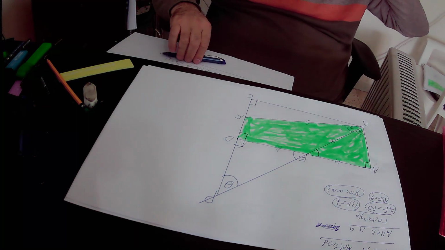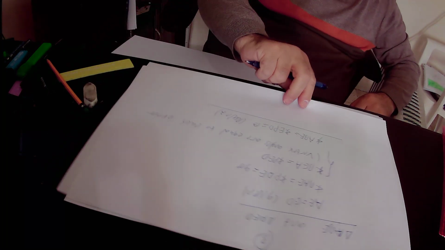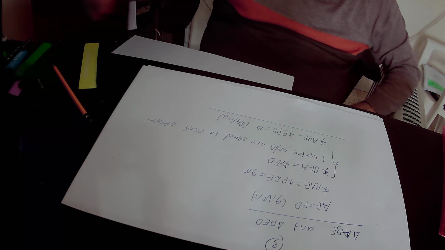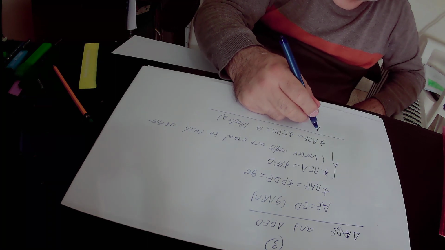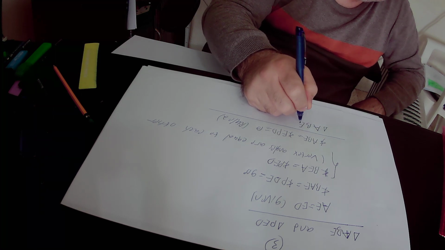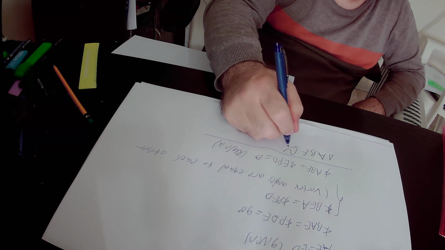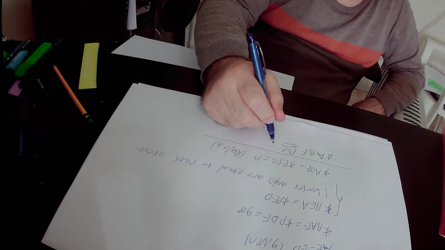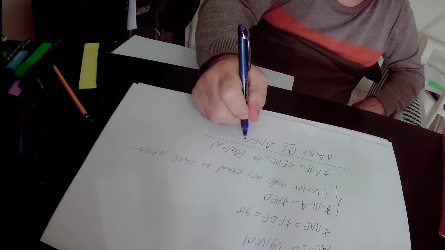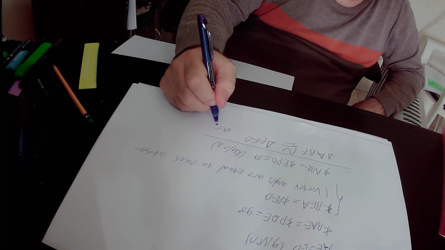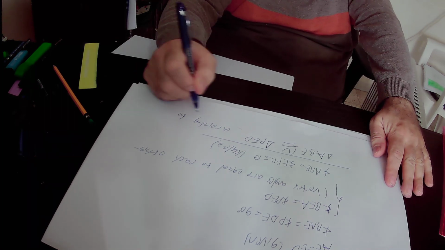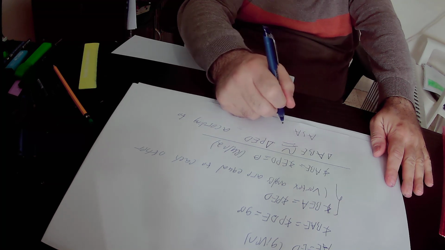So I write it down. We proved that the green right triangle ABE is congruent, this is the sign of congruent, to the right triangle PED, according to the angle side angle rule.